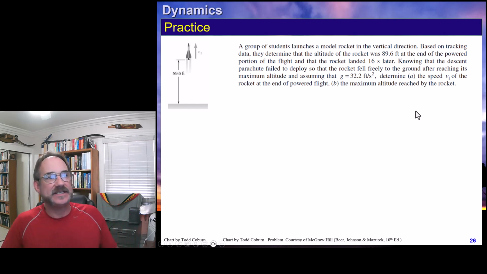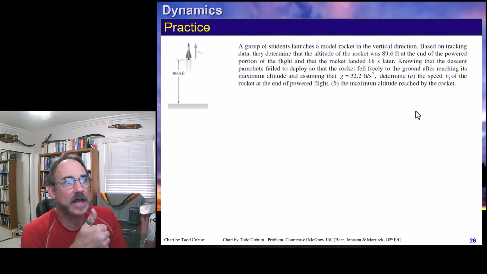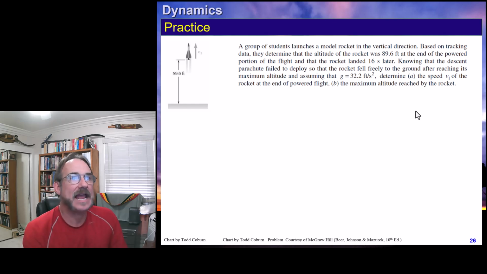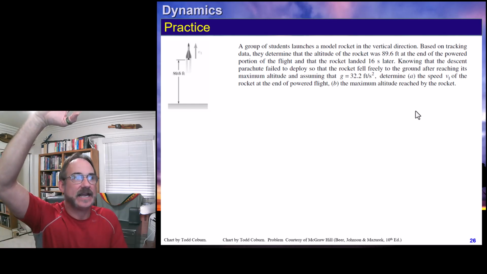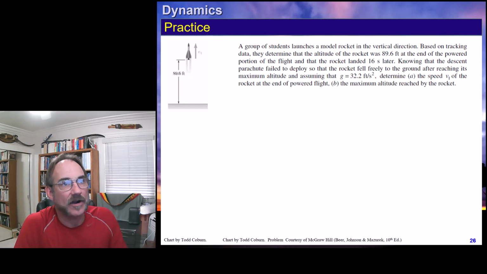Here's another one. This is similar to our first and third problems. We have a group of students launching a rocket in the vertical direction. They figure out the altitude is 89.6. It lands 16 seconds later.